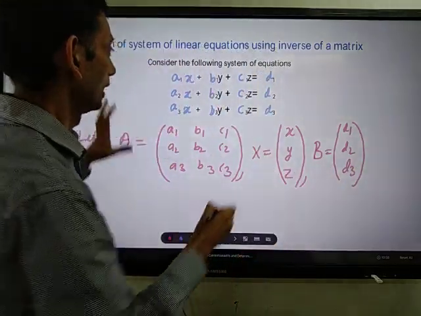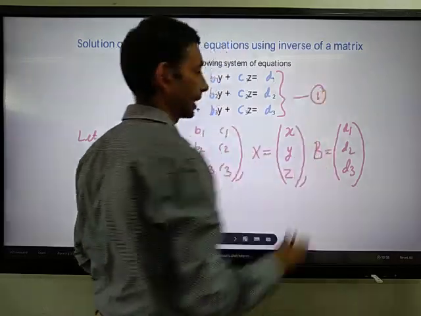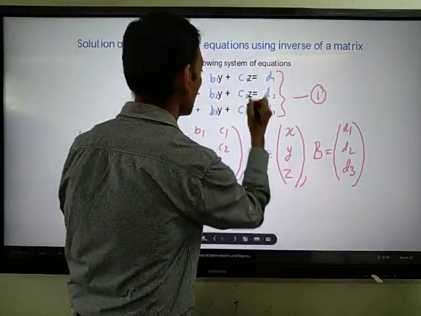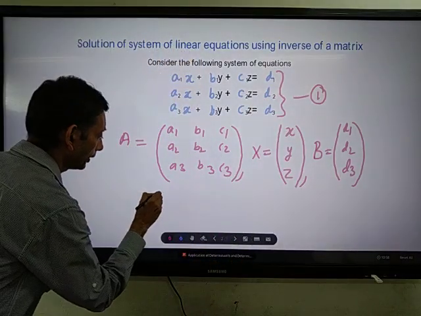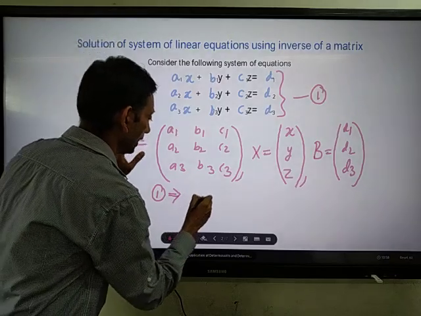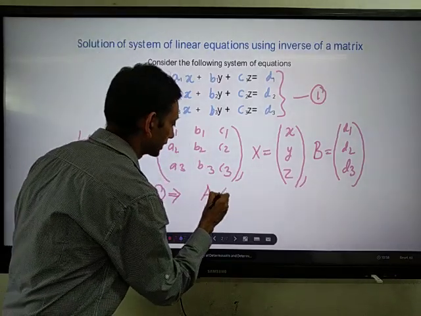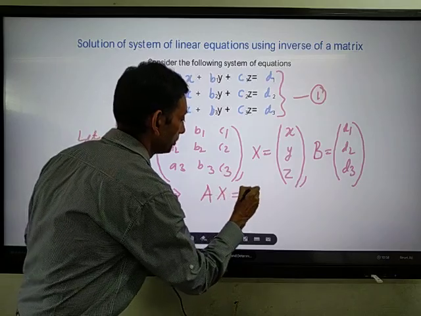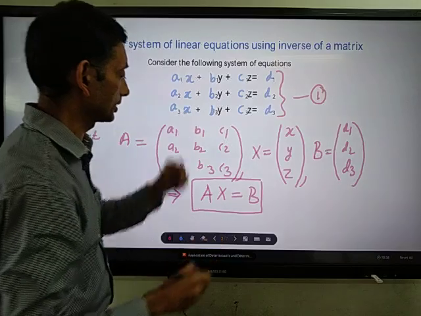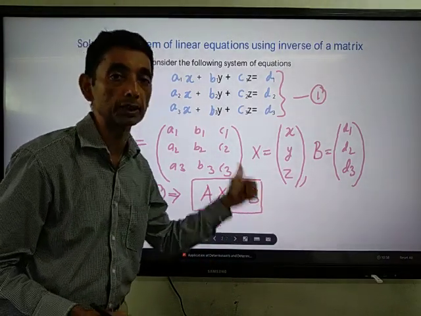If we mark this system of equations as 1, then with the help of A, X and B, how do we write this? Equation 1 can be written as A, a 3 by 3 matrix, times X equal to B. This is represented in the form AX equal to B.